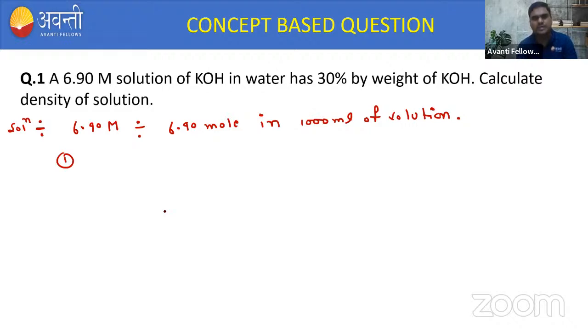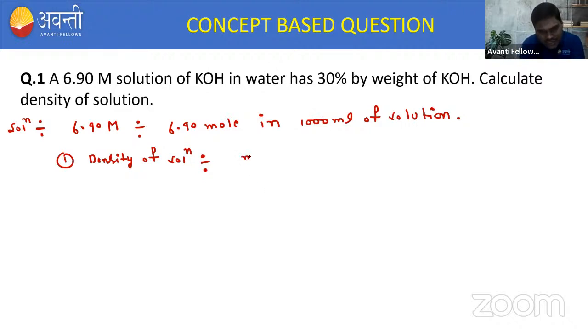Okay. So basically, if you want to calculate the density of the solution, can anyone tell me how to find the density of the solution? Density is what? Mass upon volume.